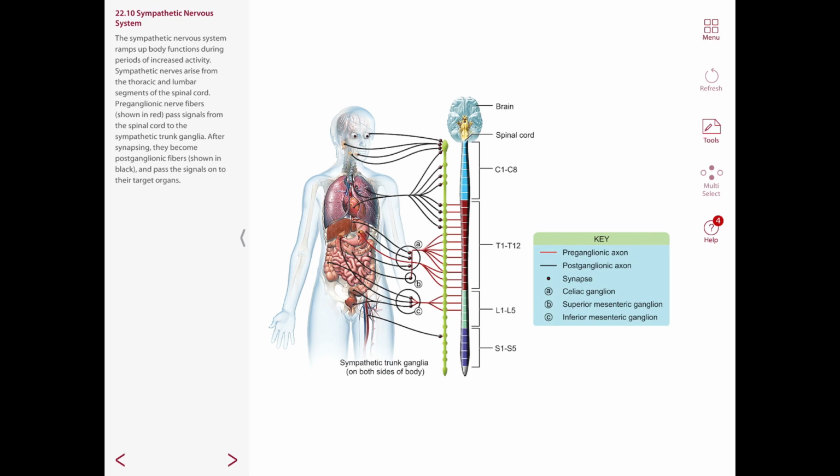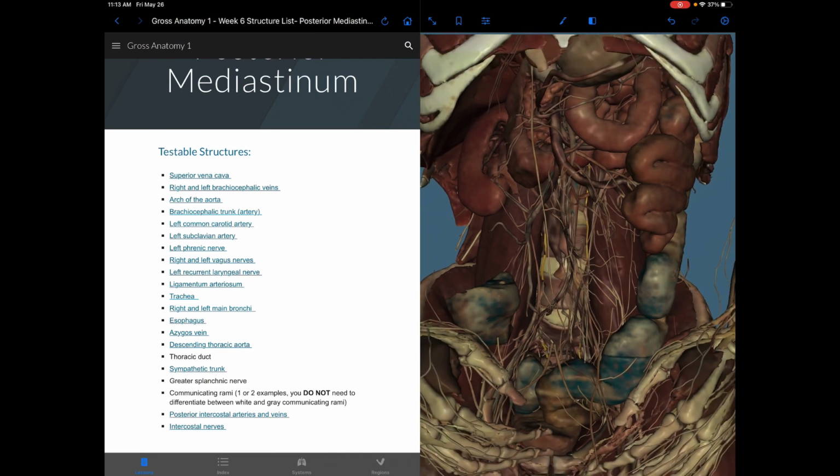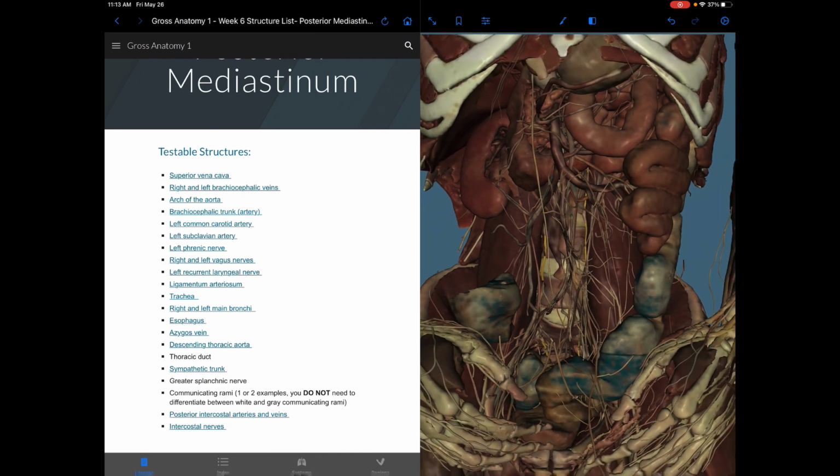In the superior mediastinum, the sympathetic trunk lies anterior to the neck of the ribs, and as it descends, it becomes progressively more medial until it lies on the lateral aspect of the bodies of the lower thoracic vertebrae. In this example right here, you can see how it descends on the lateral aspect of the bodies of the lower thoracic vertebrae. And throughout its course, it is covered by the parietal pleura.